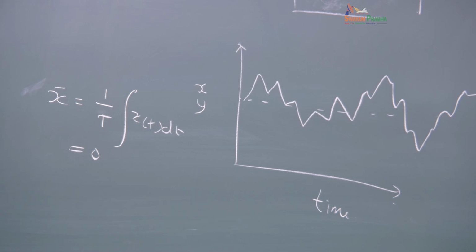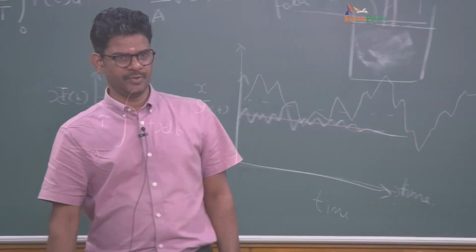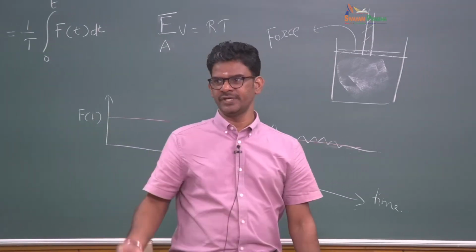And I can go on to say another example. If you look at the current in a circuit typically, and if you measure the current, that will also have a fluctuating character.